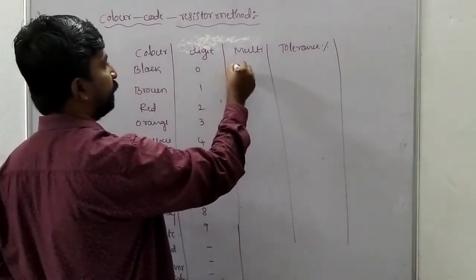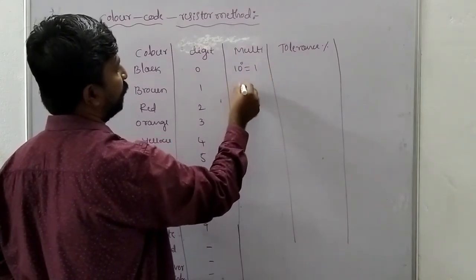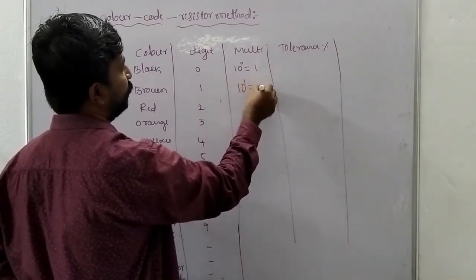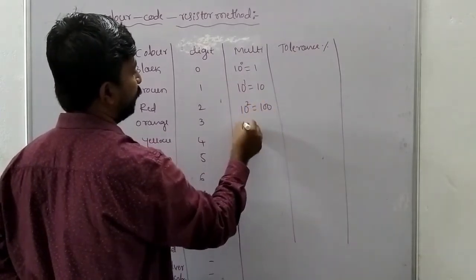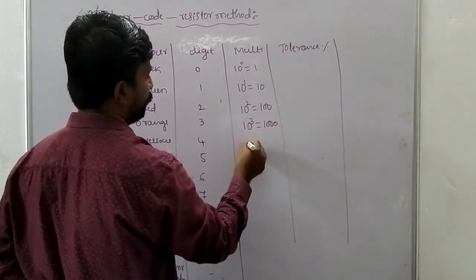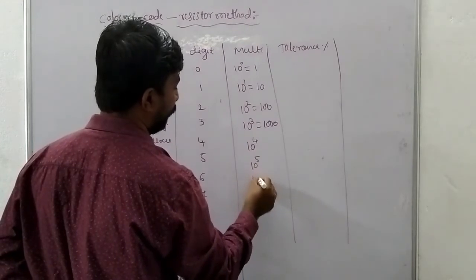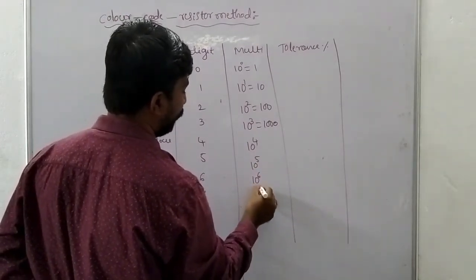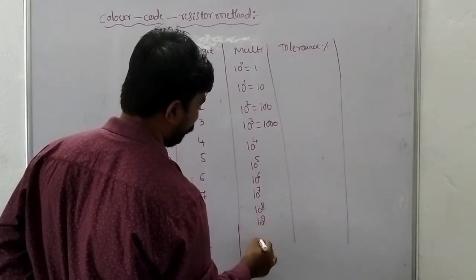Next multiplier. So 10 to the power of 0 is equal to 1. 10 to the power of 1 is equal to 10. 10 to the power of 2 is equal to 100. 10 to the power of 3 is equal to 1000. Similarly 10 to the power of 4, 5, 6, 7, 8, 9.